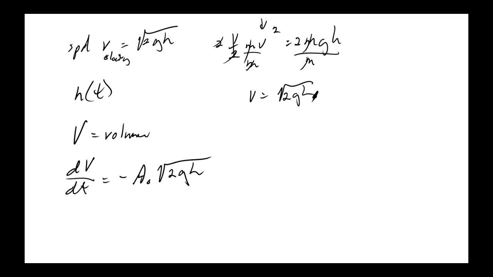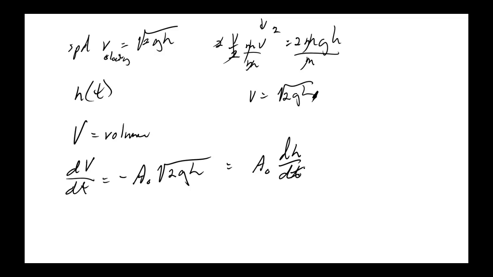Okay, that's your basic setup here, but you want to know how the height is changing. Well, what you have to do then is reformulate this dV dt. Since that's a constant area, this is A times dH dt.